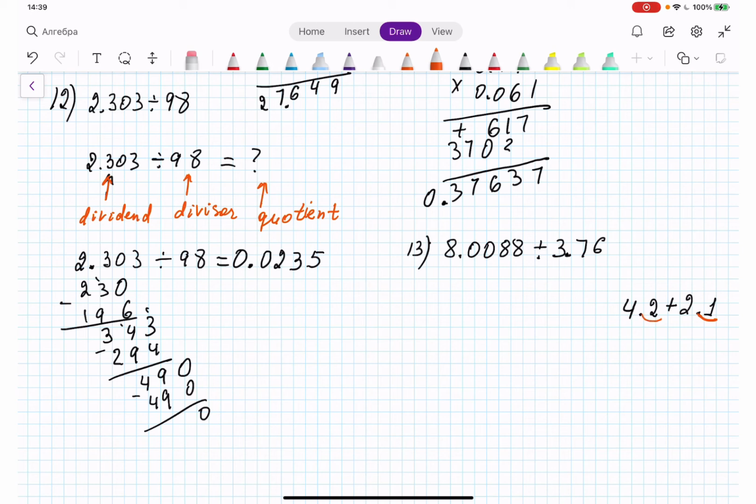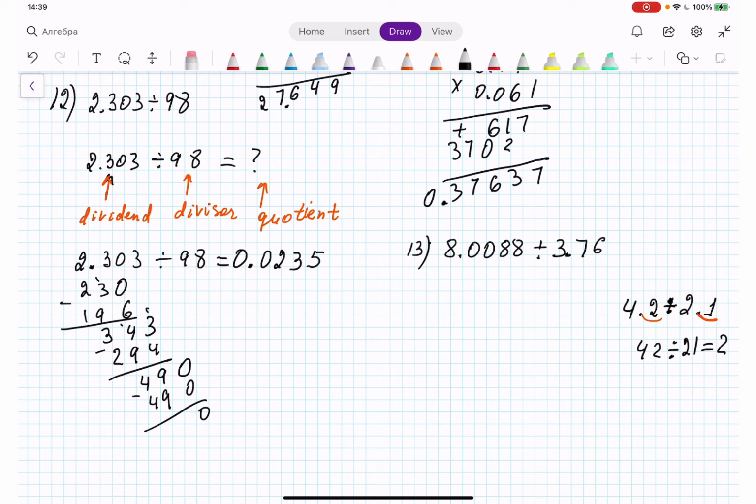Here is also moving by 1 decimal position. And I'm getting 42, divide, this is division, I'm sorry, by 21. And I'm getting 2. Now take a calculator and divide 4.2 by 2.1. You will see that you will get the same answer.